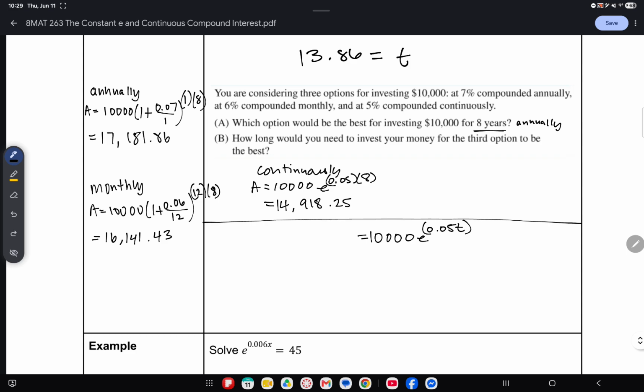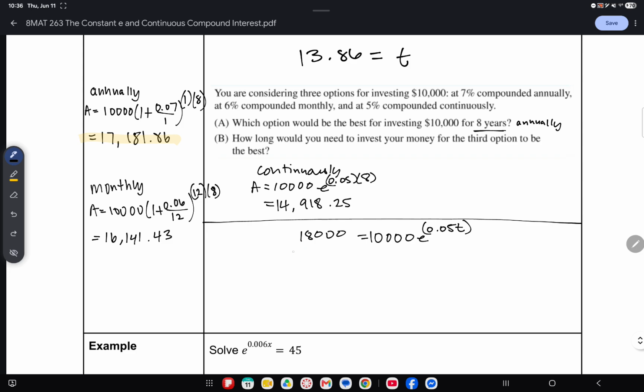Let's see what I want to put for my final amount. So you could look at it from a perspective of this was the biggest amount. So do we want to round way up and say 18,000 and solve for that time? And then it would be best. So like, oh, how long would you have to wait till you got more than 17,000? And we could solve that.